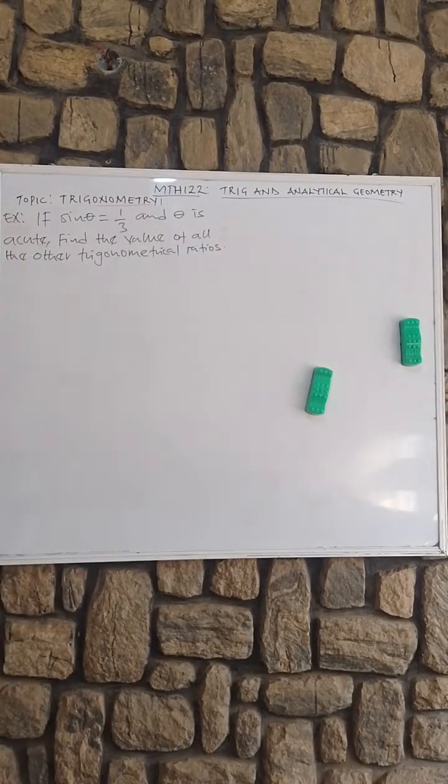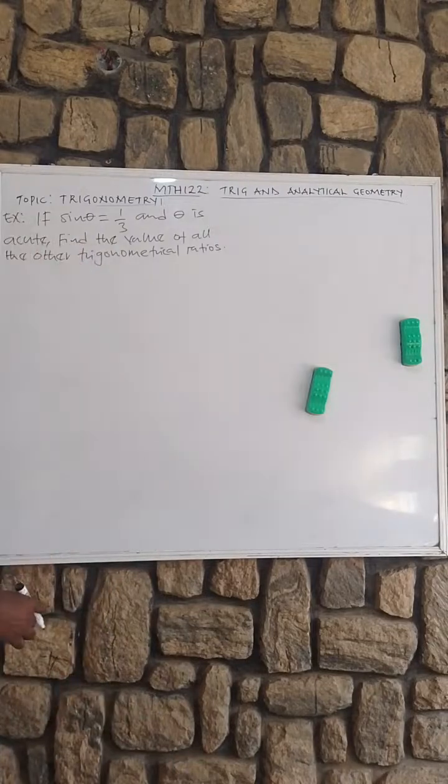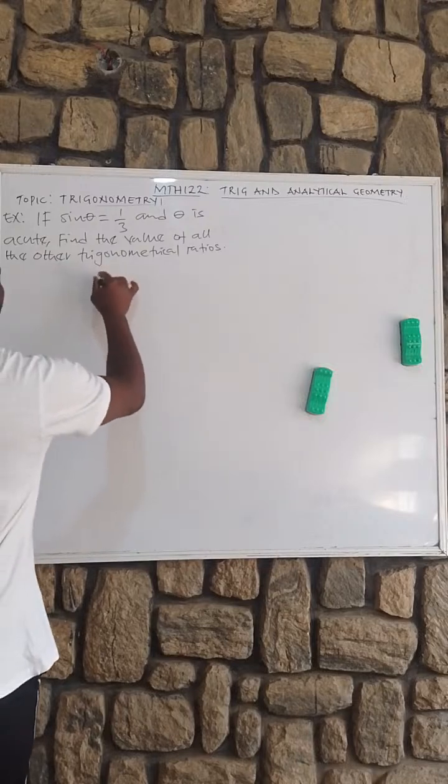It's simple as ABC. Is that clear? Let's look at it together. It's not difficult. We write the solution.